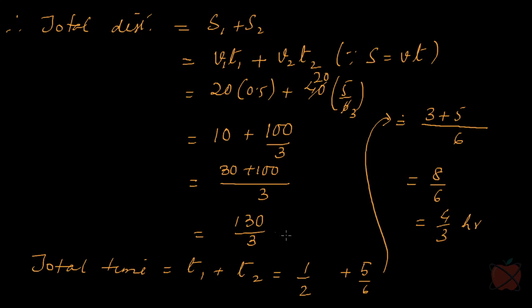So what is the total distance? It will be just this. What will be the average speed? It will be total distance divided by the total time.